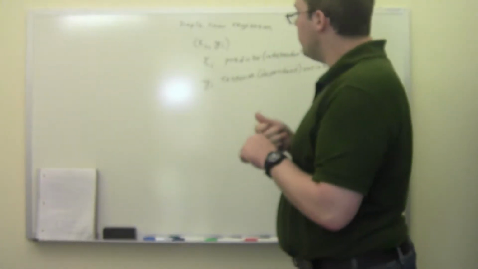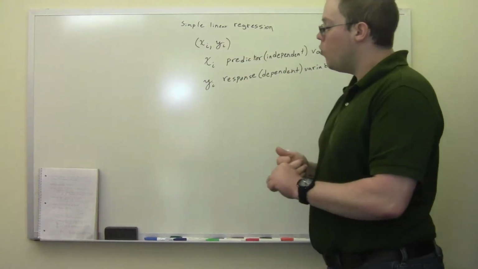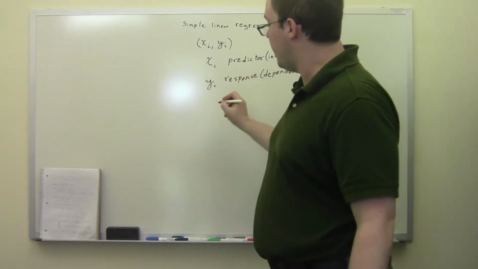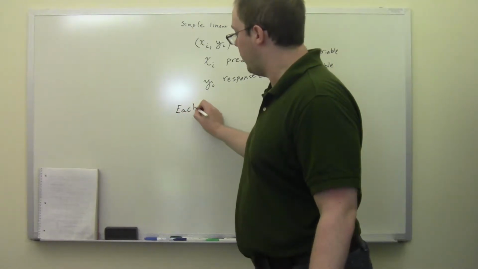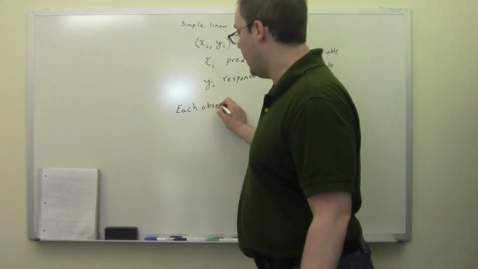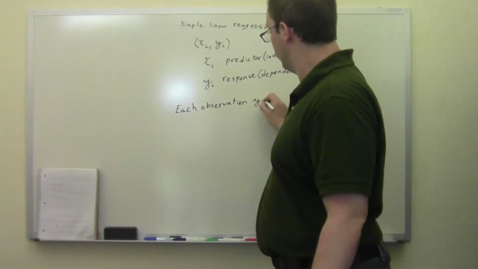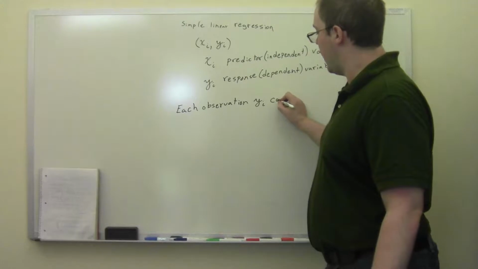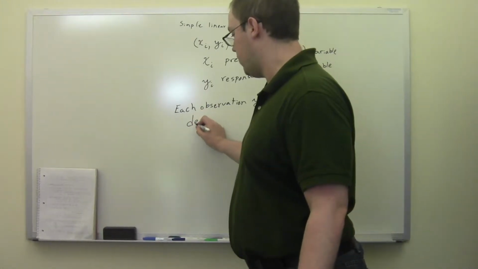So, as you might guess from the term linear regression, we're going to think about these as a line. So what we're going to say is that each observation yi can be described by this line equation.